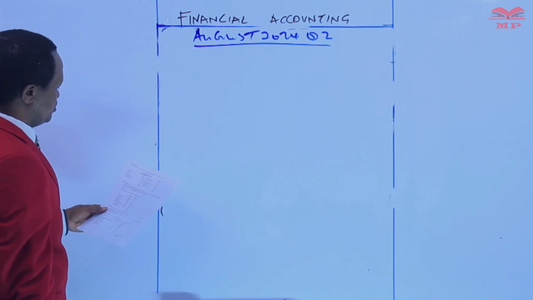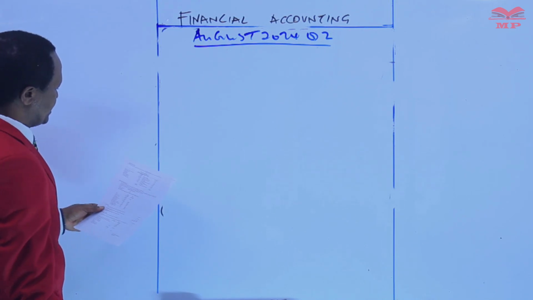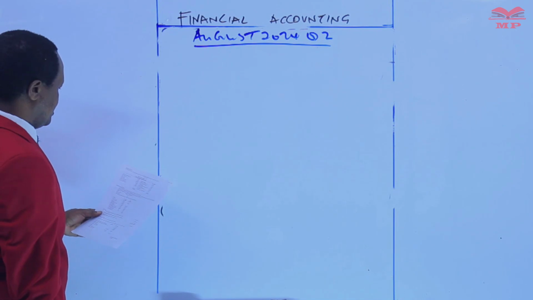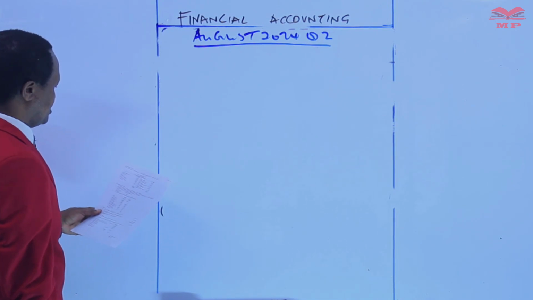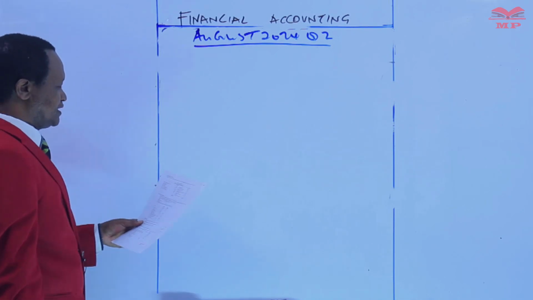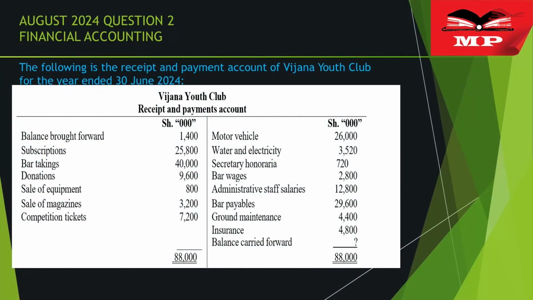So we need to check for bar incomes and bar expenses. Look at the receipts and payment accounts. Do we have any information? Yes, we have bar takings. Do you see that? Bar takings are just like the bar sales.